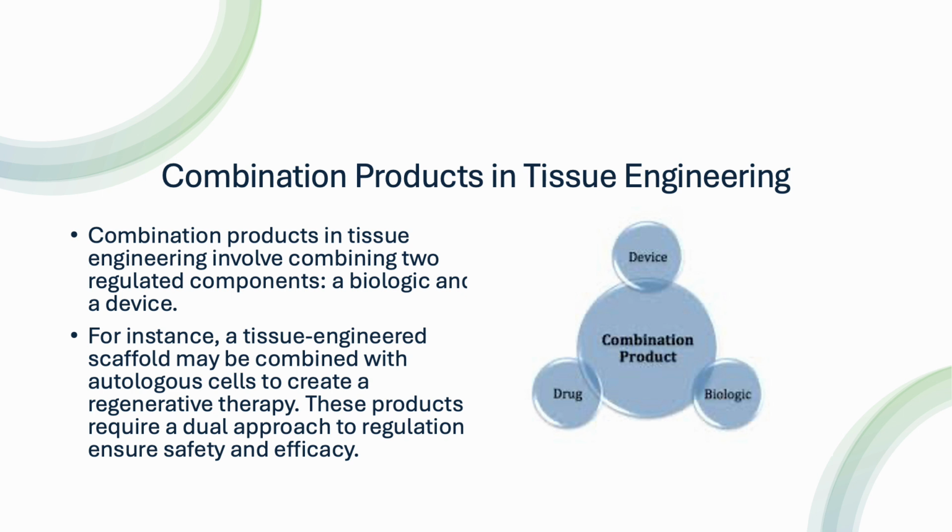Now, for instance, a tissue engineered scaffold may be combined with autologous cells to create a regenerative therapy. Now, these products require a dual approach to regulation to ensure safety and efficacy.